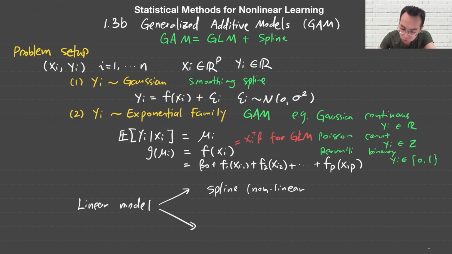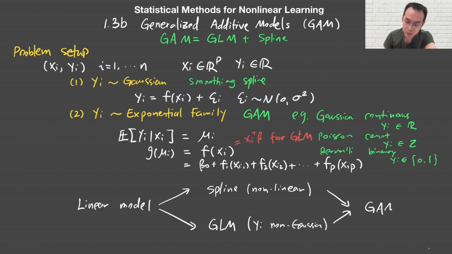And then we can also generalize it into the GLM, which is the case where yi is non-Gaussian. Then for the GAM, it's really just combining both ideas into one. So that's how the model arises.